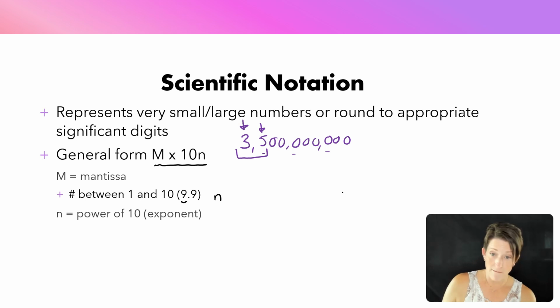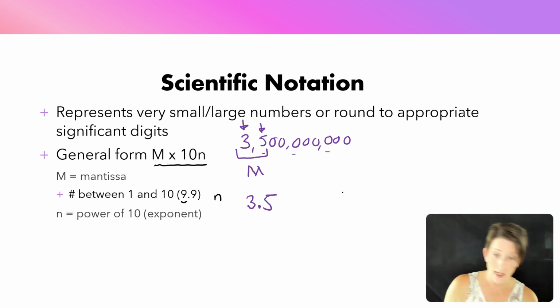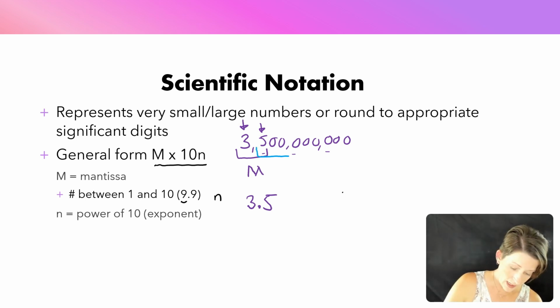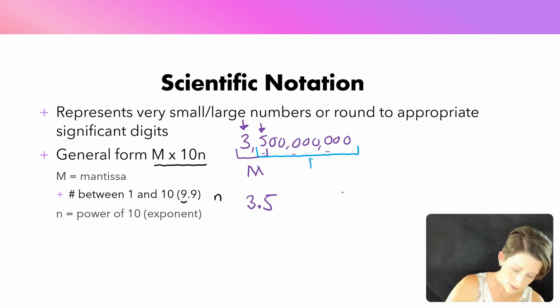So this 3 and 5, these are your mantissa. They become the 3.5 because we always want the ones place occupied and then any other significant digit trails past that 1. What we need to determine next is how many times we are going to move that decimal place. From that decimal all the way to the end of that number are our place values that we need to account for.